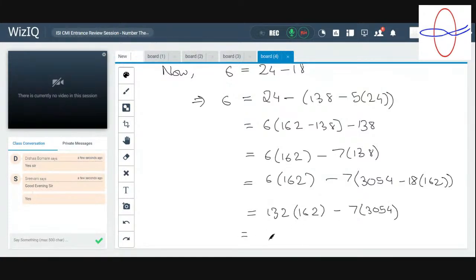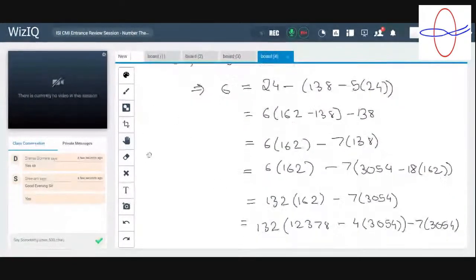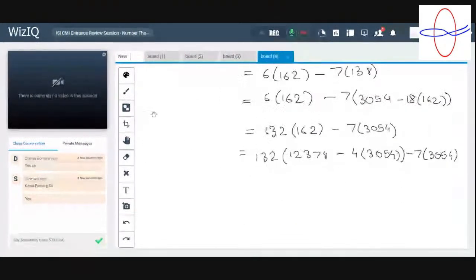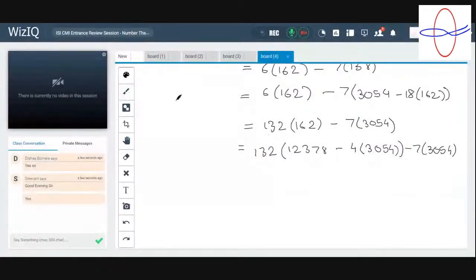which is equal to 132 times (12378 minus 4 times 3054) minus 7 times 3054. Now I know most of you are thinking this is so long and tedious. Maybe there is a shorter way. And the thing with algorithms is that they don't worry about being the fastest in one particular case.